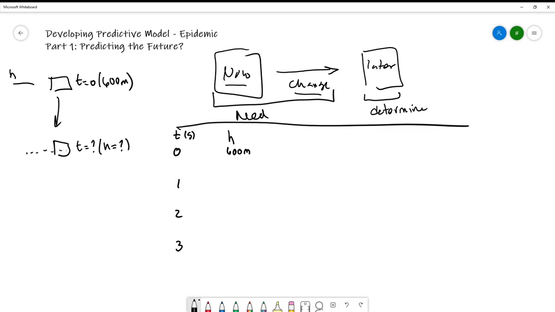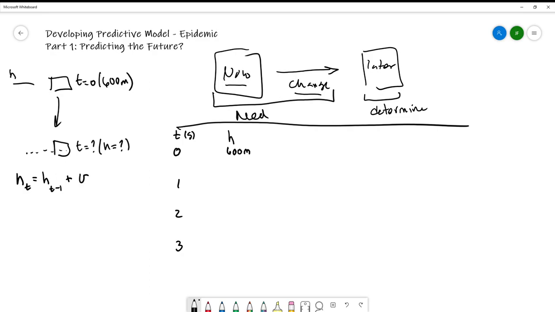I need to know how the height's going to change in that first second. And things moving, things that have a velocity, move because they have a position that changes because they have a velocity. And so the fundamental equation that explains how the height is going to be different 1 second later is that the height at time t is going to be equal to the height at time t minus 1 plus however much that's going to change, which is actually just the velocity.